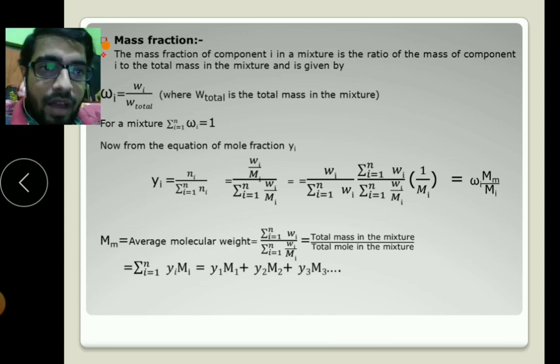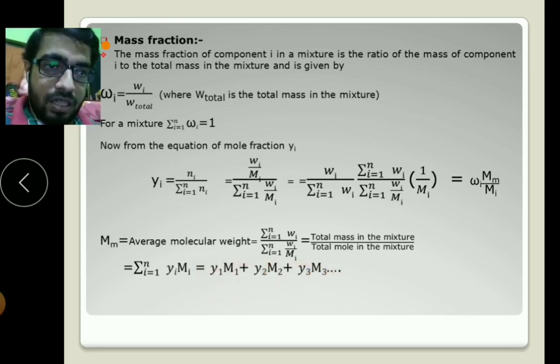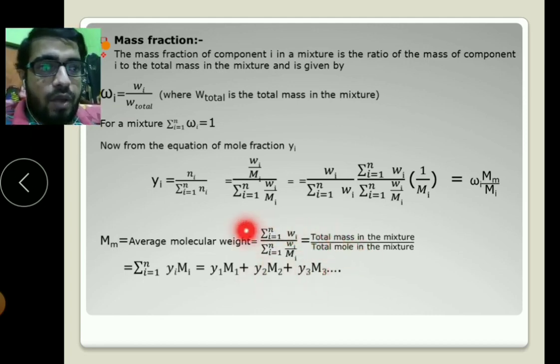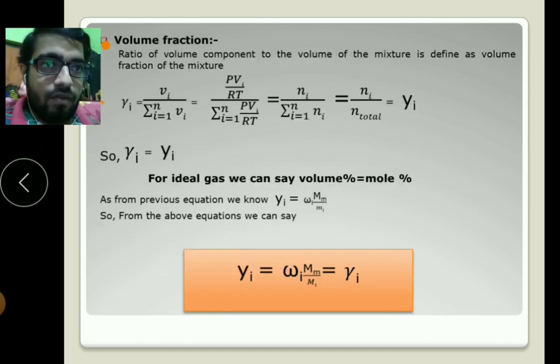Now the average molecular weight, this is its formula, but for problems you can easily calculate it by this definition, summation of i equals 1 to n of yi mi. Suppose we have 3 components, in that case y1 m1 plus y2 m2 plus y3 m3, simple. And I have also given some examples, from there you will easily understand.